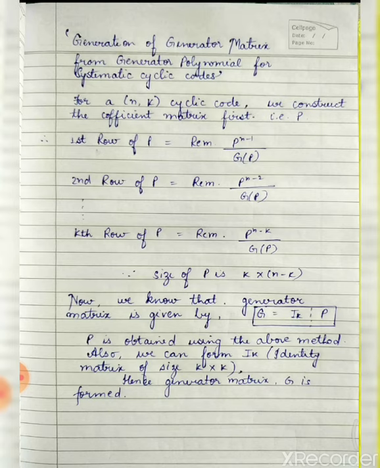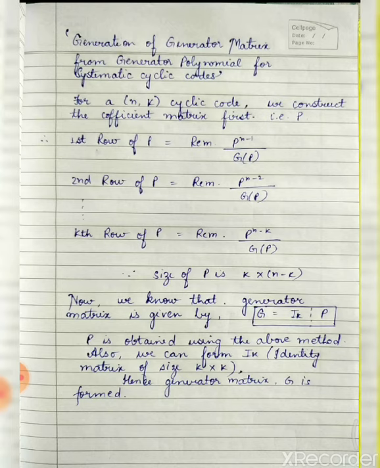Similarly, if we have to calculate the second row of P, what we will do? See how the formula is changing. Now we will divide x to the power n minus 2 by G(x), and whatever remainder comes will be in polynomial form, because we are doing the whole division in polynomial form.